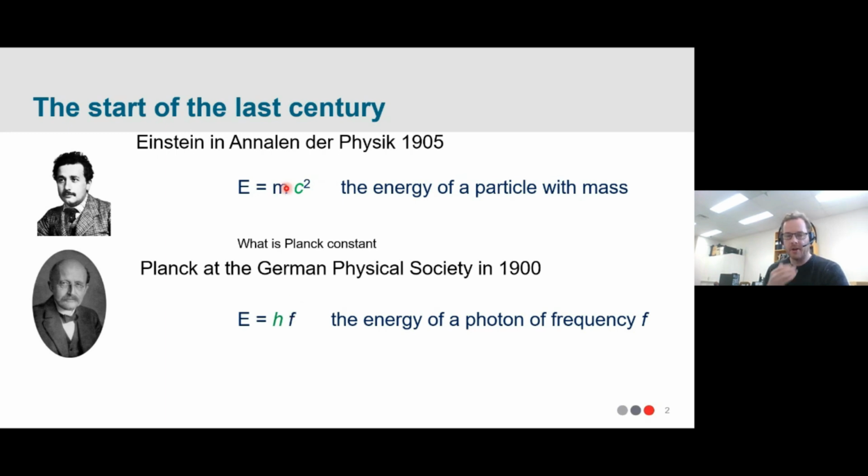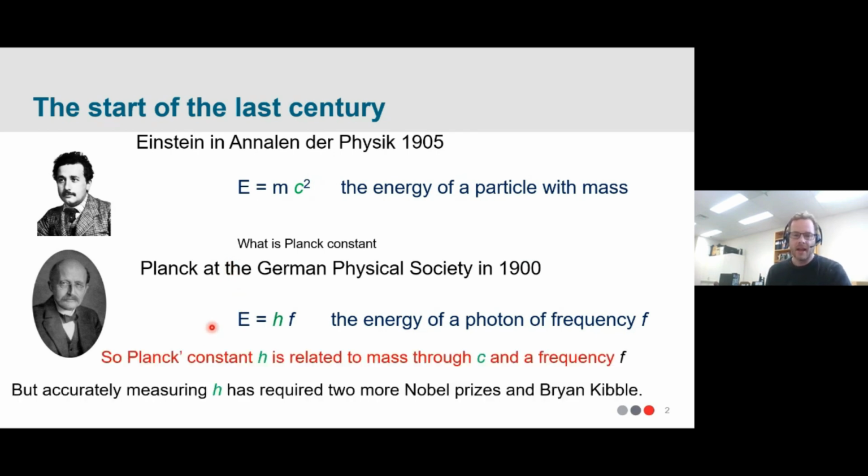If we combine that with work from Max Planck that happened just a little bit earlier, we know that the energy of a photon is equivalent to frequency times Planck's constant. So there's a constant of proportionality between energy and frequency, and a constant of proportionality between mass and frequency as well when you combine these two equations.